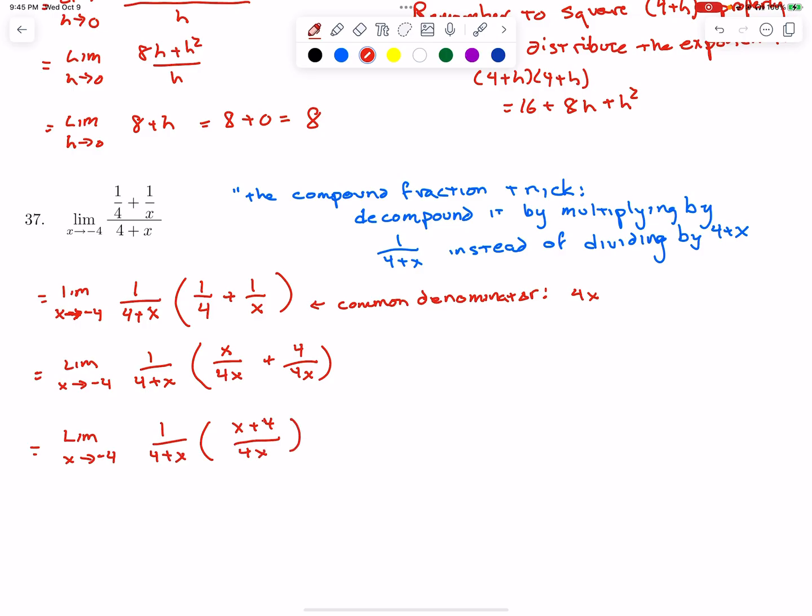My 4s look more and more terrible. All right, cancel the x plus 4s. Don't forget, you have to leave a 1 in the top. Factor, cancel, plug back in. And we're done. Yay.